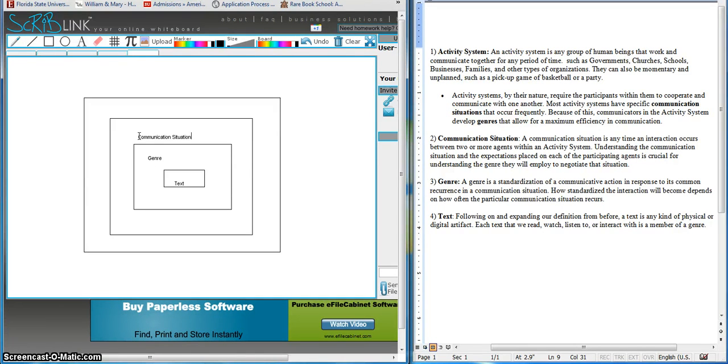And the reason all those genres look similar and have similar features is because they're all acting within the same kind of communication situation. And that communication situation occurs in a particular activity system. And activity systems are really big, broad ideas, because they're any group of human beings that work and communicate together for any period of time.